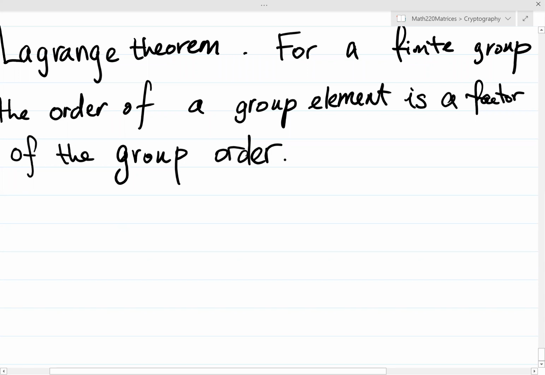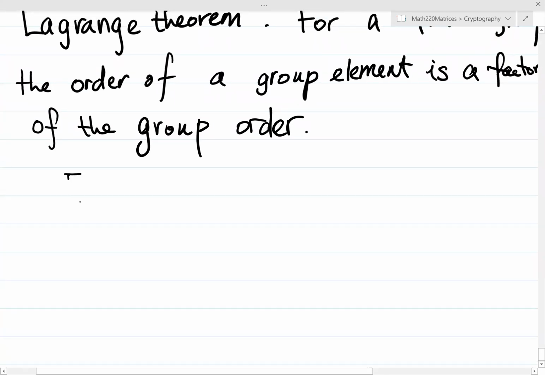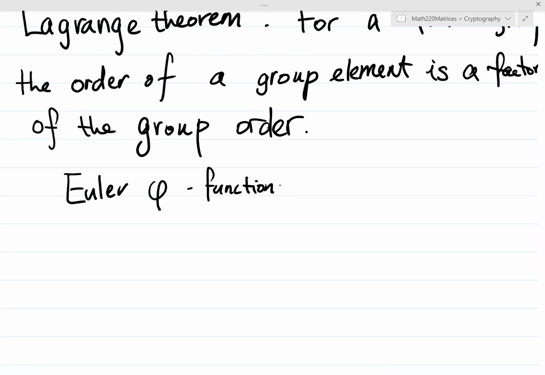Now let's talk about the Euler phi function. The Euler phi function is a function defined on positive integers.